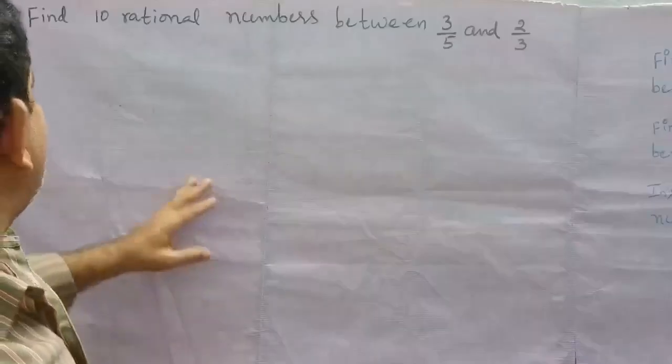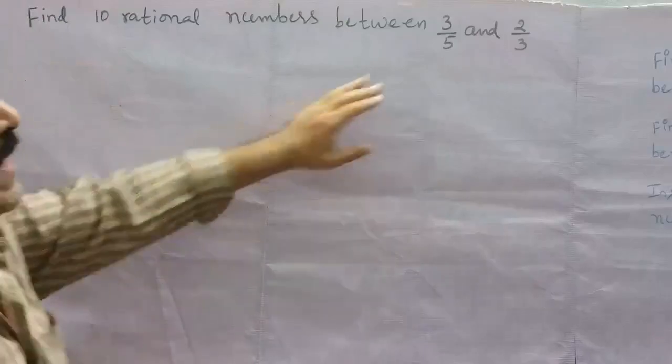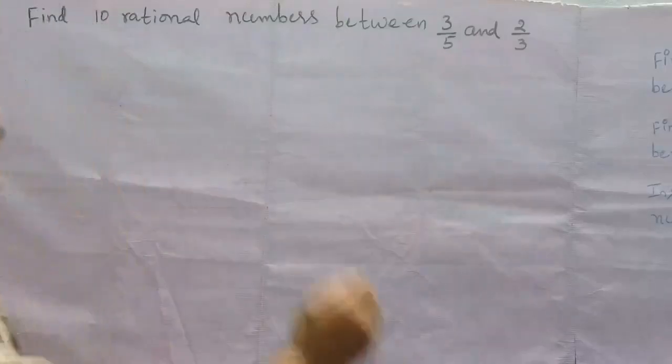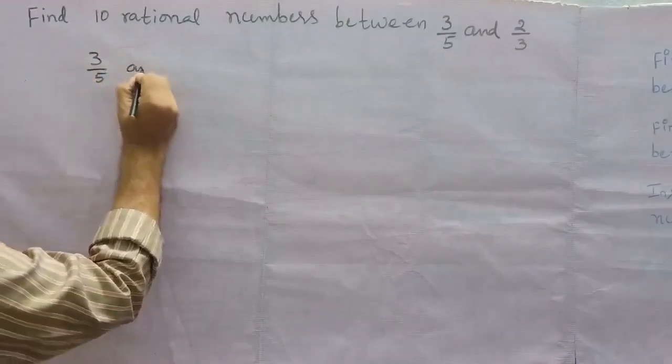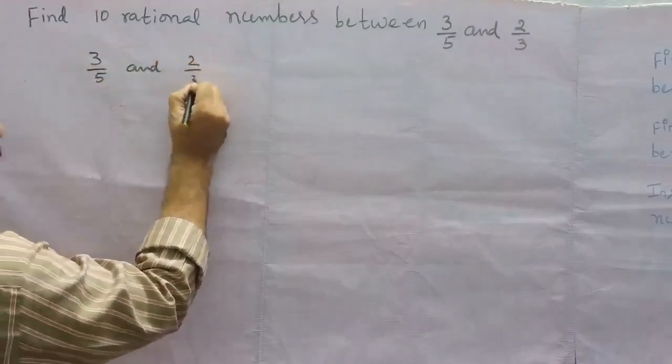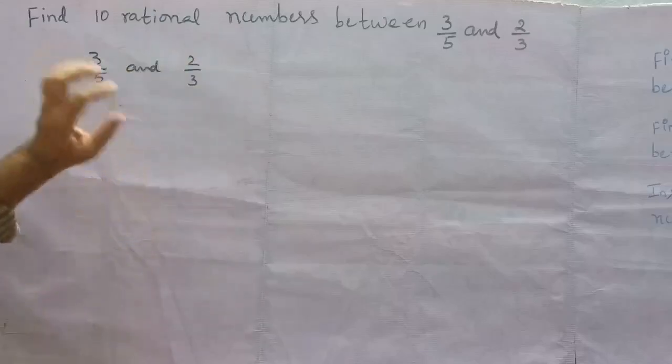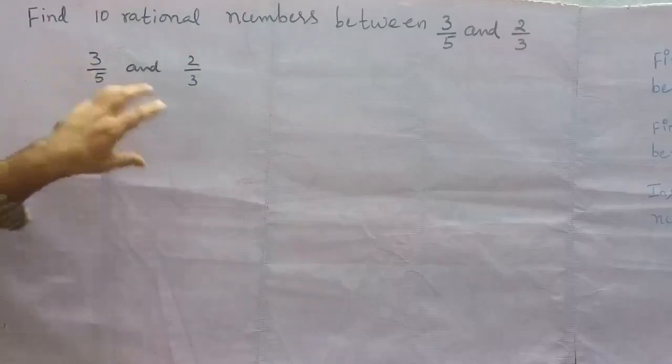Okay, next example, find 10 rational numbers between 3 by 5 and 2 by 3. First you make the denominators into equal denominators.